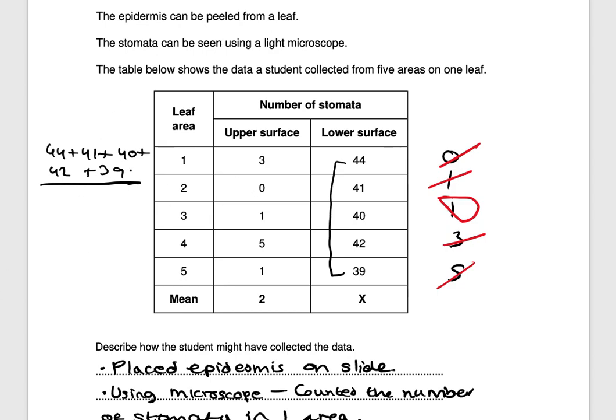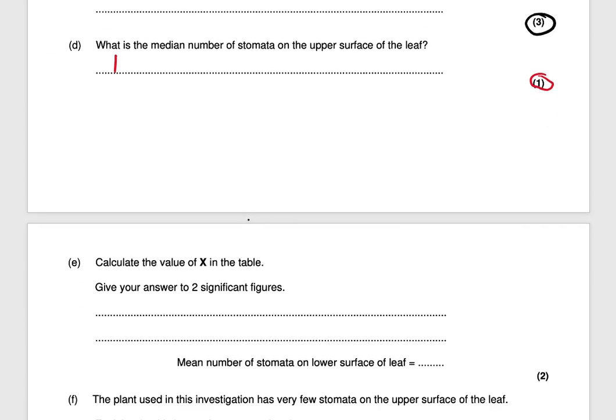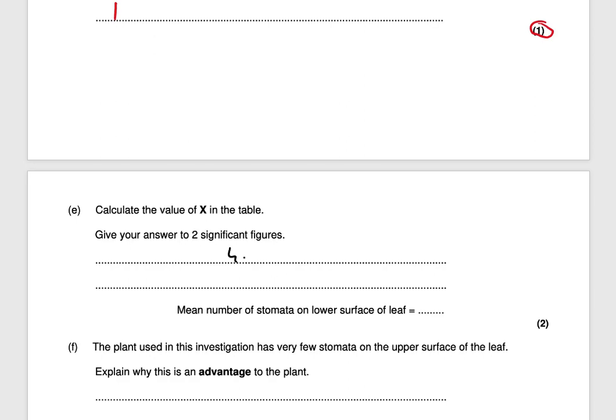There are 5 leaf areas, so you would divide it by 5, and that will get you the mean average. Okay, so the mean average will be 41.2. So 41.2, it says to 2 significant figures, so that would get you an answer of 41 for 2 marks.